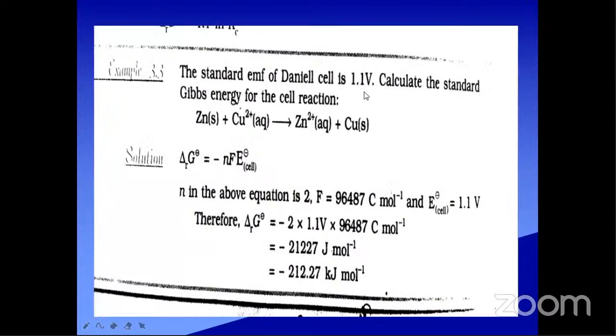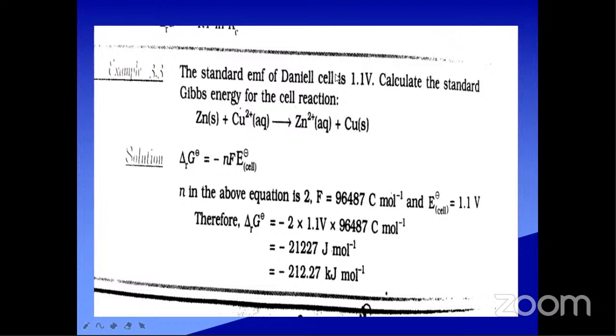See, this is one numerical problem regarding the relationship between delta G and E. The problem is: given that the standard EMF of a Daniel cell is 1.1 volts. Here he mentioned standard EMF, EMF is nothing but the E cell value. E naught is given as 1.1 volts.